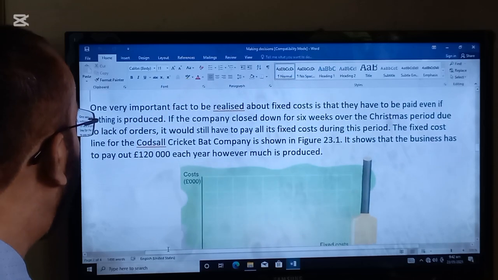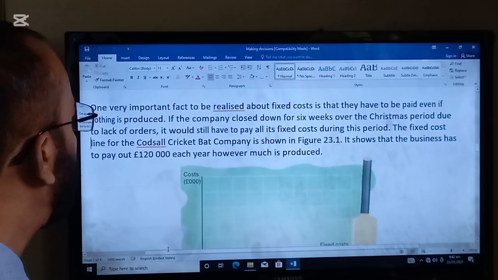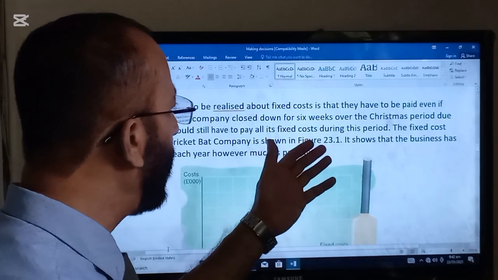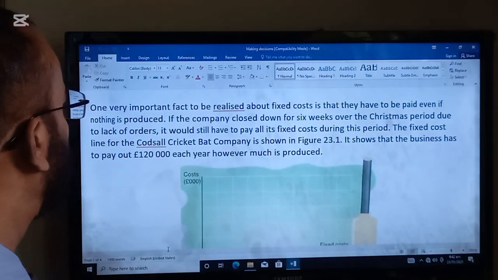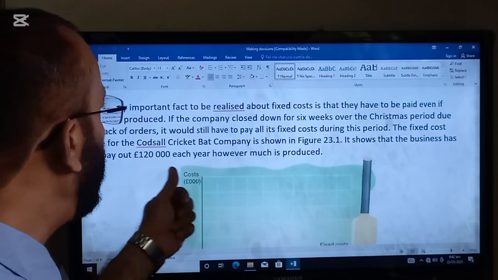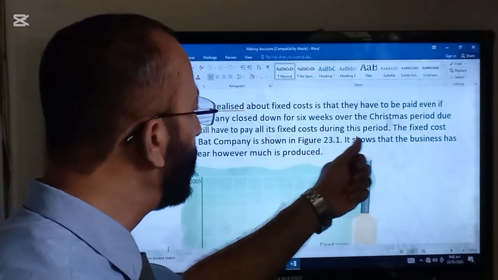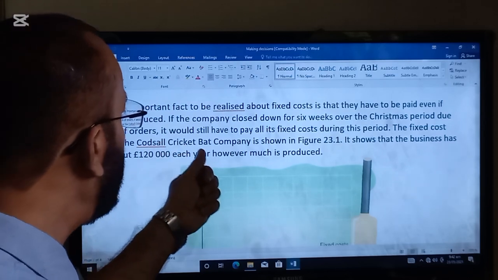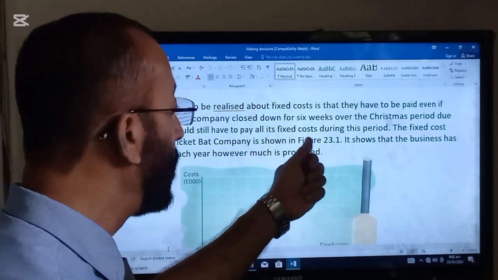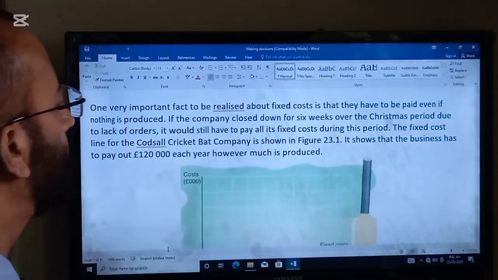One very important fact to realize about fixed cost is that it has to be paid even if nothing is produced. If the company closed down for 6 weeks over the Christmas period due to lack of orders, it would still have to pay all its fixed costs during the period.